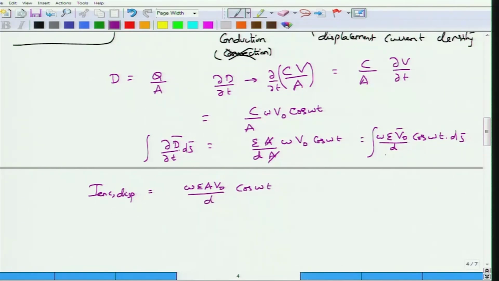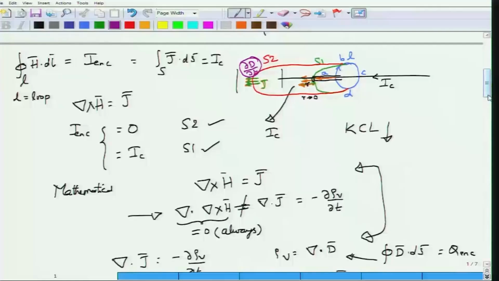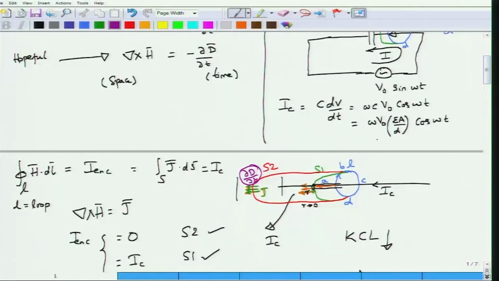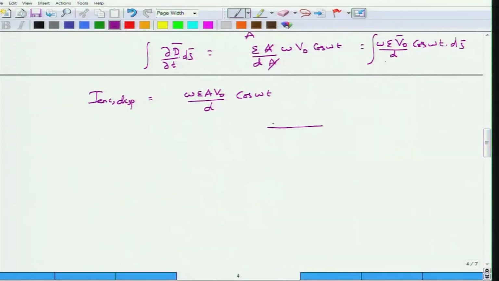And if you see what we have written earlier, this is exactly the same current, the charging current IC that we have obtained here. So the charging current is omega V0 epsilon A cos omega t divided by d. So this is precisely the same current that we have obtained. So you have a charging current IC, which is then converted into displacement current inside the capacitor. Okay.